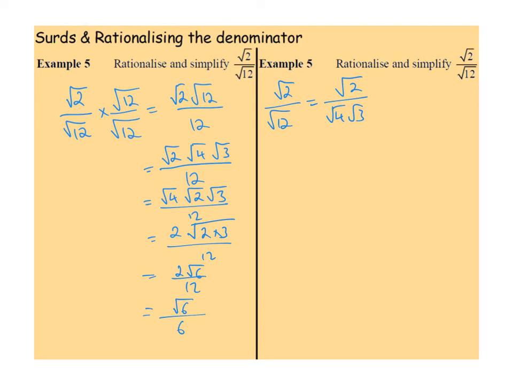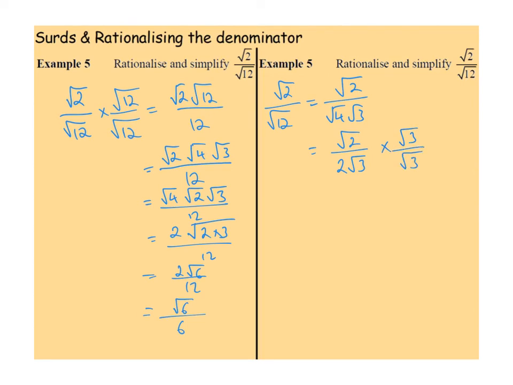And so I know that the square root of 4 will give me a nice straightforward number, 2. And then if I'm rationalising the denominator, the only part of the denominator which is causing me a problem right now is the root 3 part. The 2 is fine, so I don't need to worry about this. I do need to worry about the square root of 3. And to deal with that, I can multiply by root 3 over root 3.